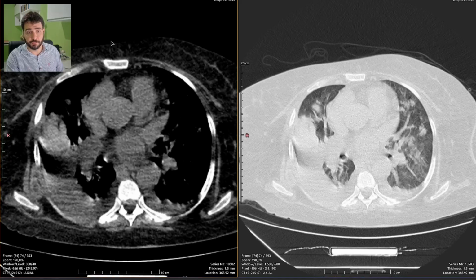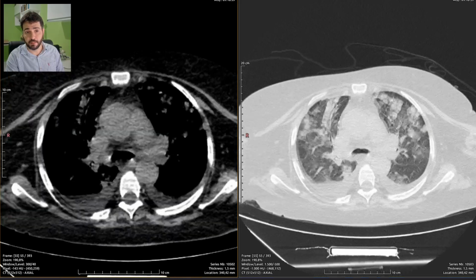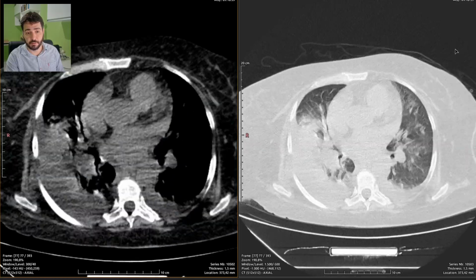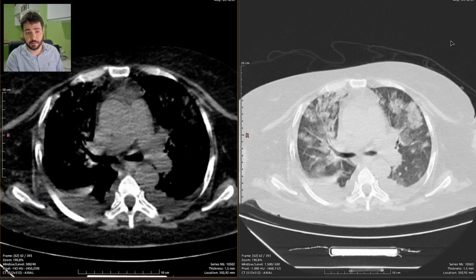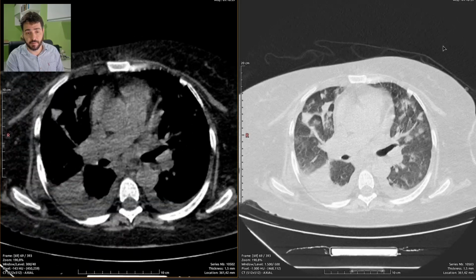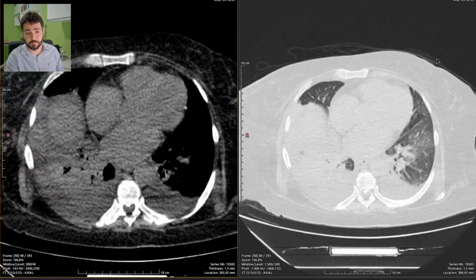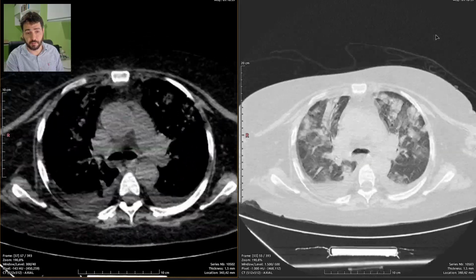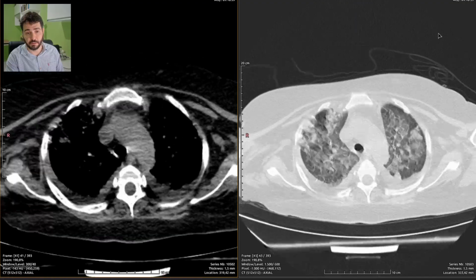I'm just going to measure the ascending aorta to see if it's big. It is right there, not big, not small, so I'm going to pass just to look for mediastinal adenopathies, enlarged lymph nodes, lymphadenopathies. I can't really pronounce that.